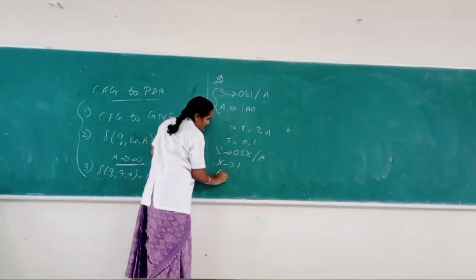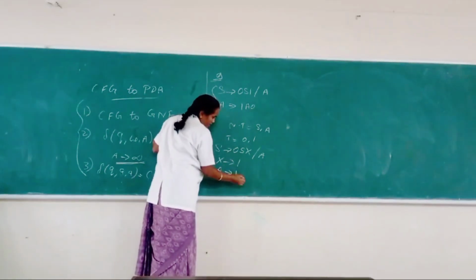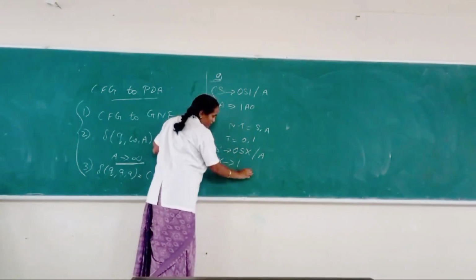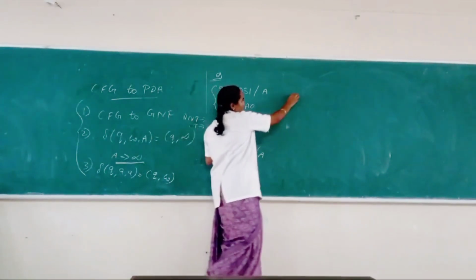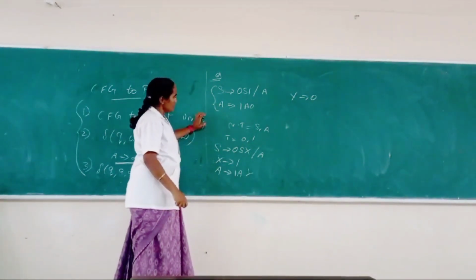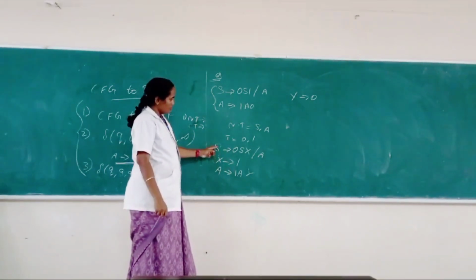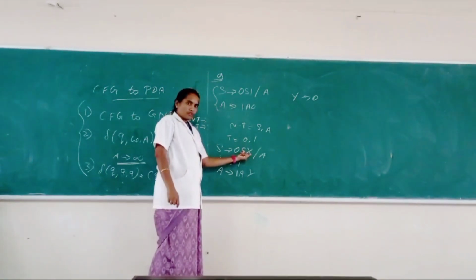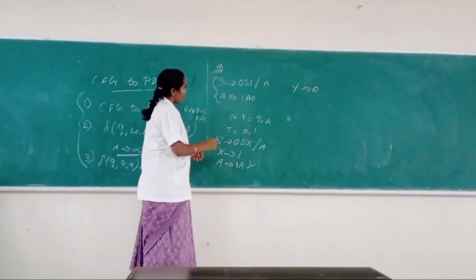Then A tends to 1, A is non-terminal. I am going to replace 0 by Y. So Y tends to 0. Now my context-free grammar is in the GNF form, that is non-terminal tends to terminal followed by any number of non-terminals.